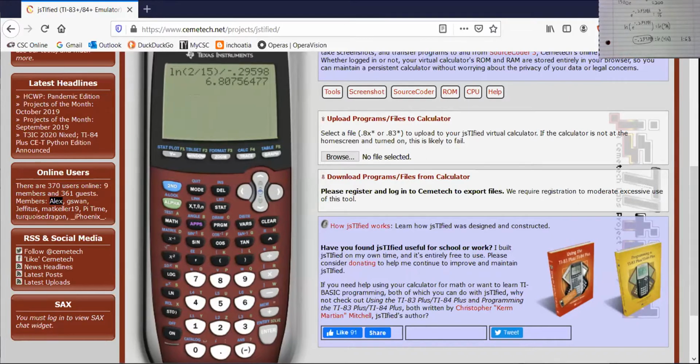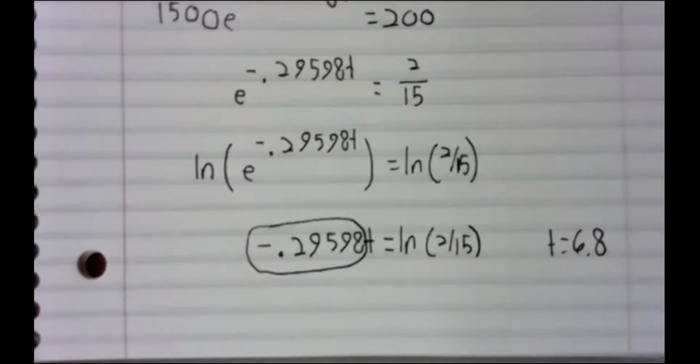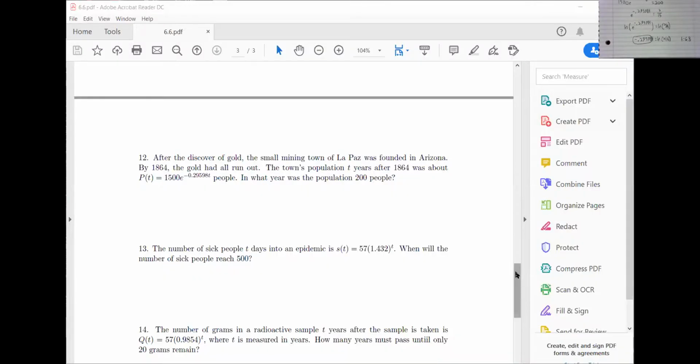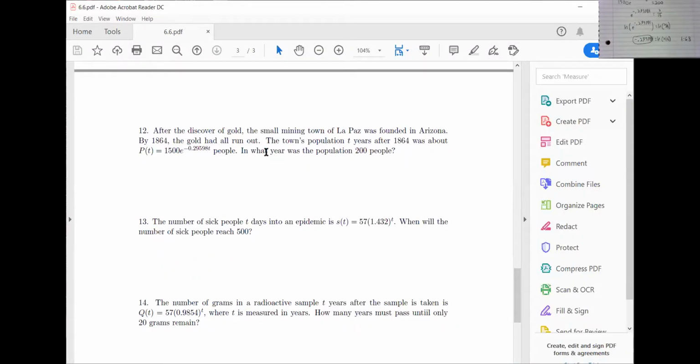So how would we interpret that? Let's see, what does the problem actually say? This is not the screen I was trying to share. I was trying to share the screen with the assignment on it. T is the population after 1864.